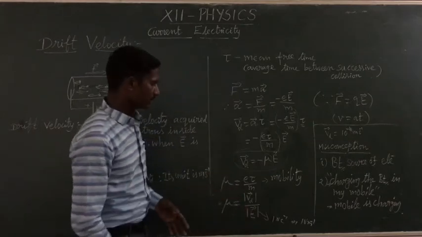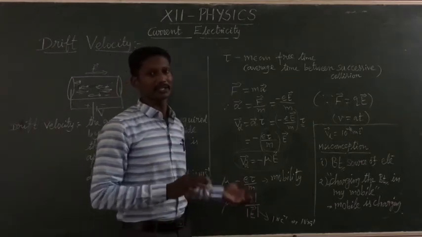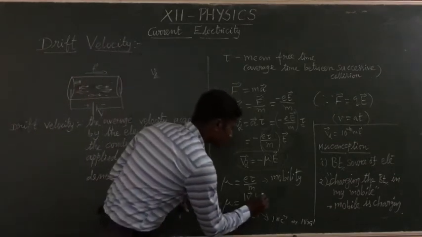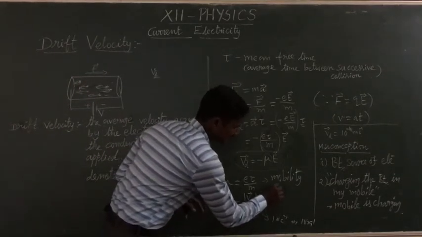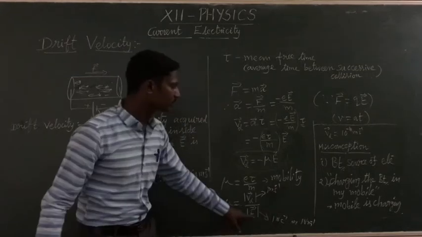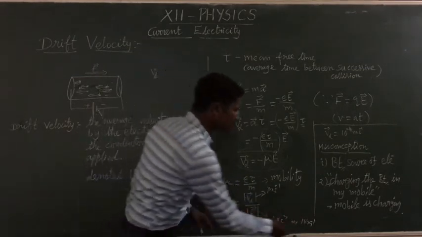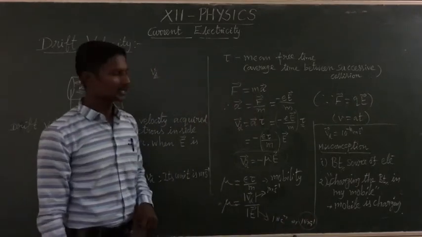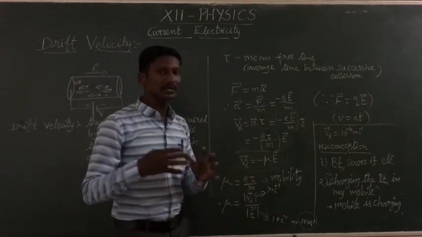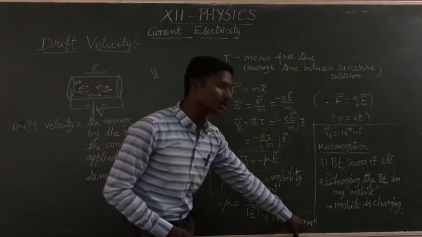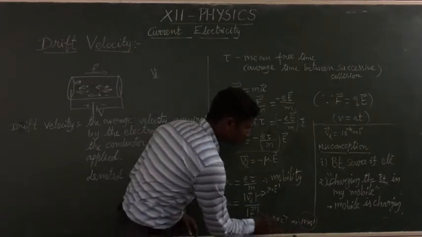That is very simple. The unit of mobility is very important, 1 mark. So the velocity unit is meter per second. Then the electric field unit is Newton per coulomb or volt per meter. In our book, volt per meter is used, because here we are going to learn about current, then voltage, that way. Therefore we use volt per meter, not Newton per coulomb.